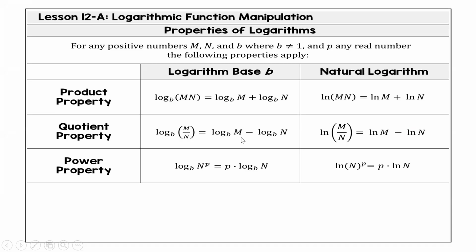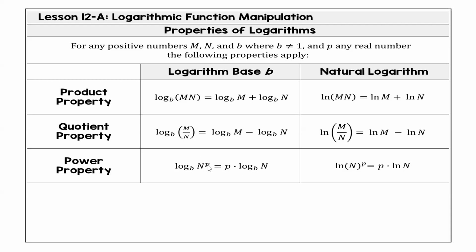Cool. And then our third property is the power property. The power property is stating that when you have a power on an argument, that power on the argument can also be the coefficient of the log.